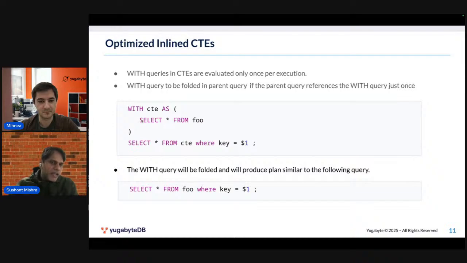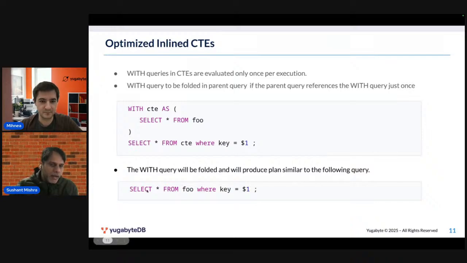Now, for example, select star from foo collects all the rows from the table. Let's say the table foo has 1,000 rows, it will collect all the 1,000 rows, and then apply the filter on that output, key equal to 1, basically returning the specific rows which match this criteria.